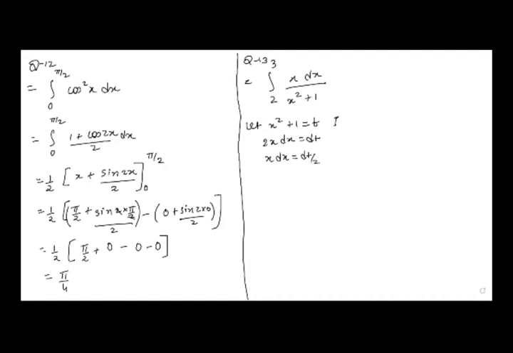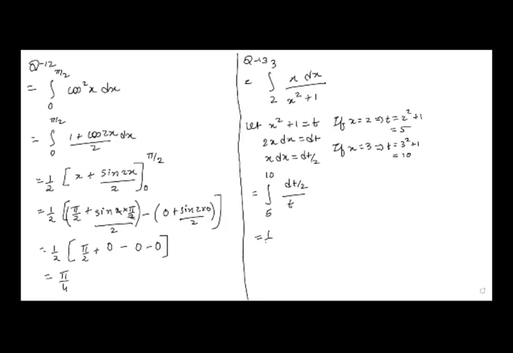Now, if your value of x is 2, at that time t will be 2 square plus 1, which will be 5. And if the value of x is 3, then at that time the value of t will be 10.